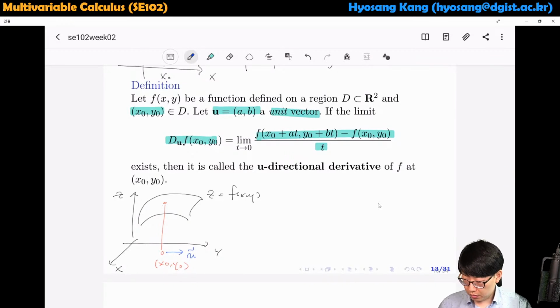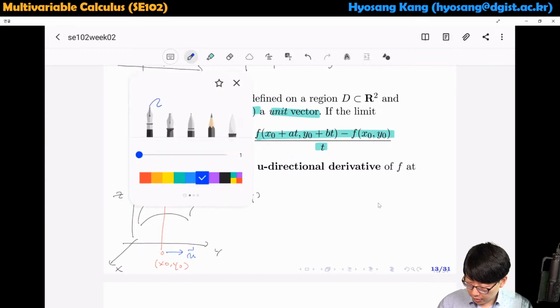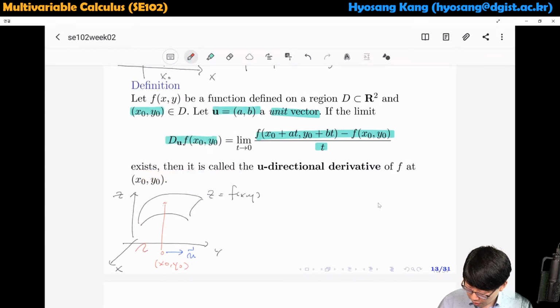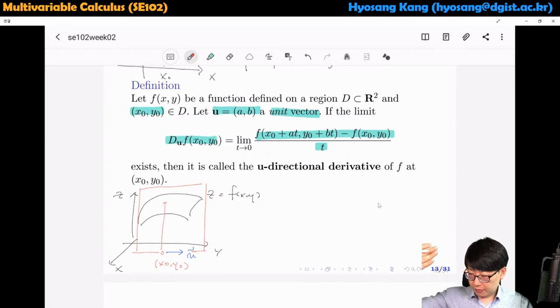What I'm going to do is put an extended line along this u direction, and then put a vertical plane on the xy plane, parallel to this line. So I put a line here like this, and then this plane intersects the surface of the graph.